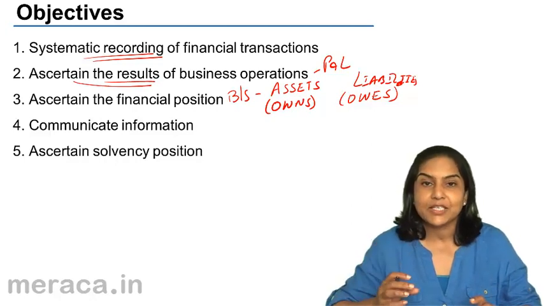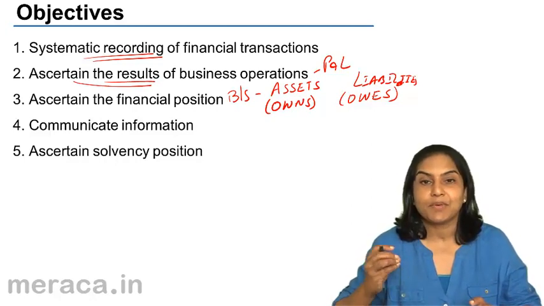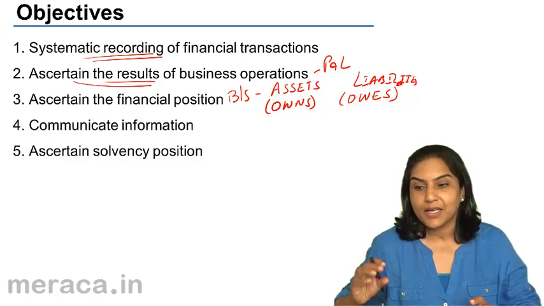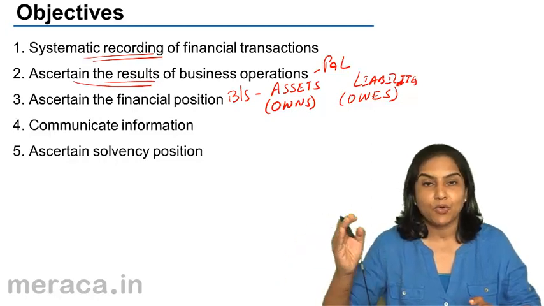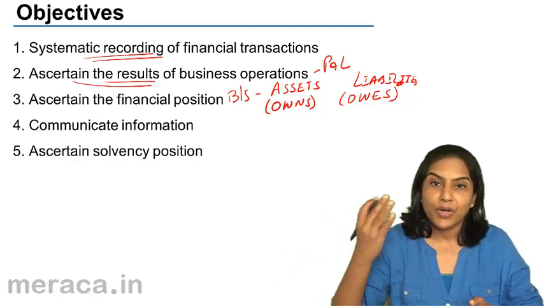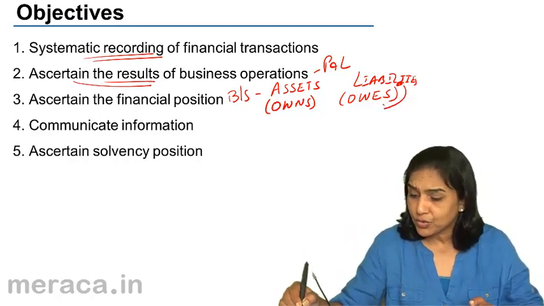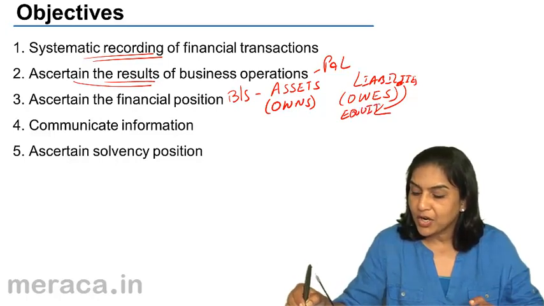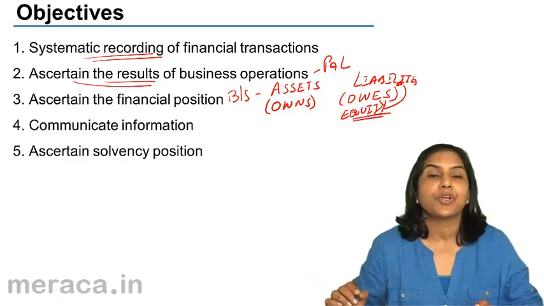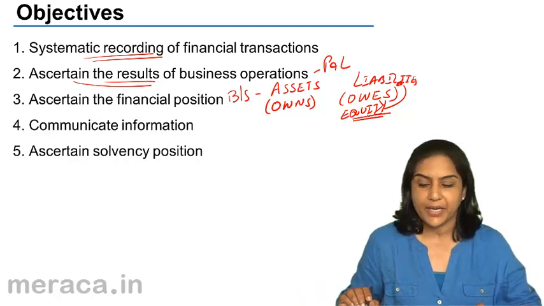So the business owes. What is it that the business owes? That is a liability. The business may owe the banks, may owe other people, or may owe its own owners. When it owes money to its own owners, it is not actually called liability. Liability to owner is often referred to as equity.